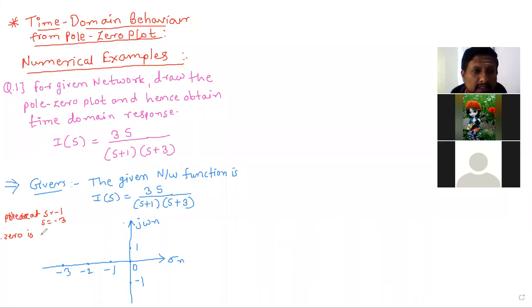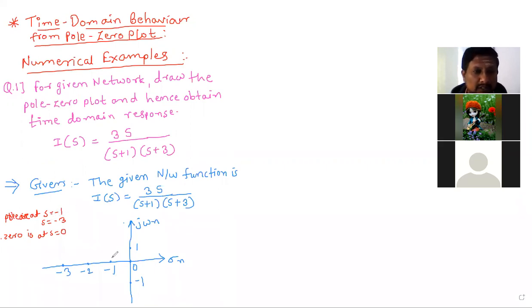The zero is at s is equal to 0. S plus 0 is equal to 0 means s is equal to 0 in the numerator. The denominator gives the location of poles. S plus 1 is equal to 0, s plus 3 is equal to 0. If you solve, you get s is equal to -1 and s is equal to -3.